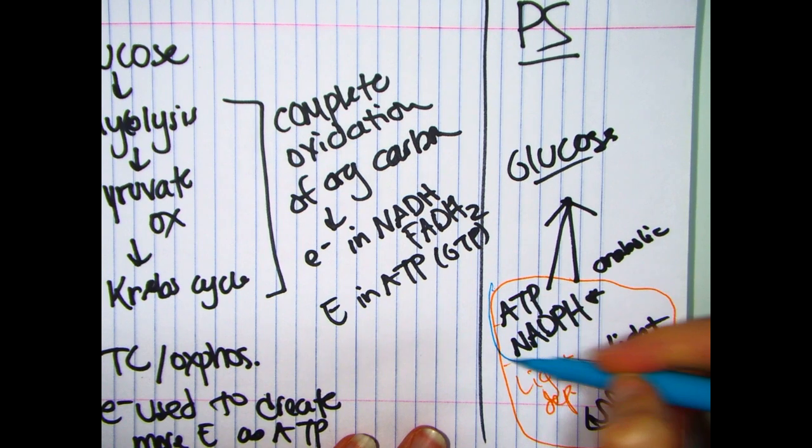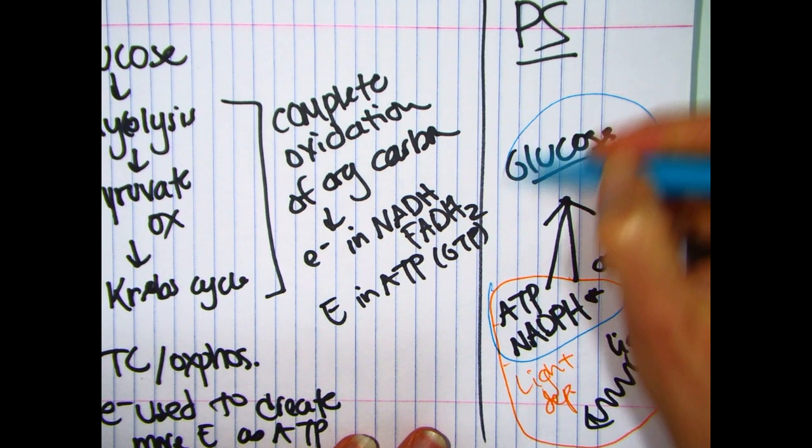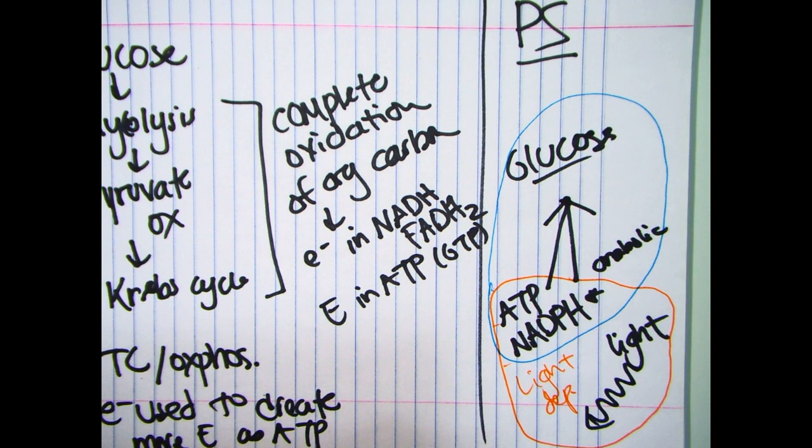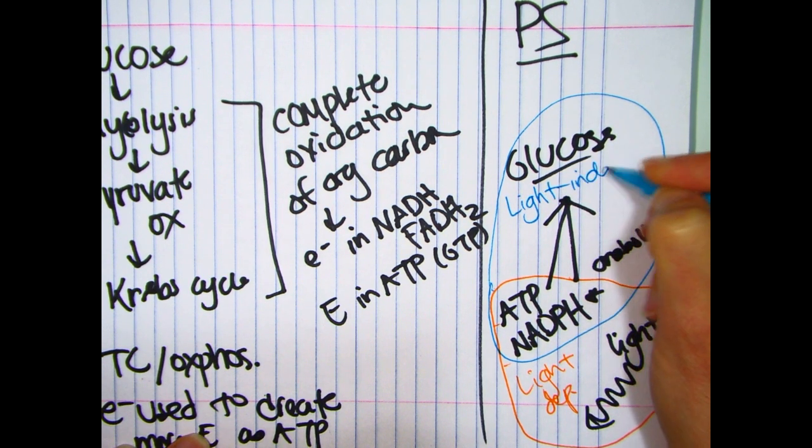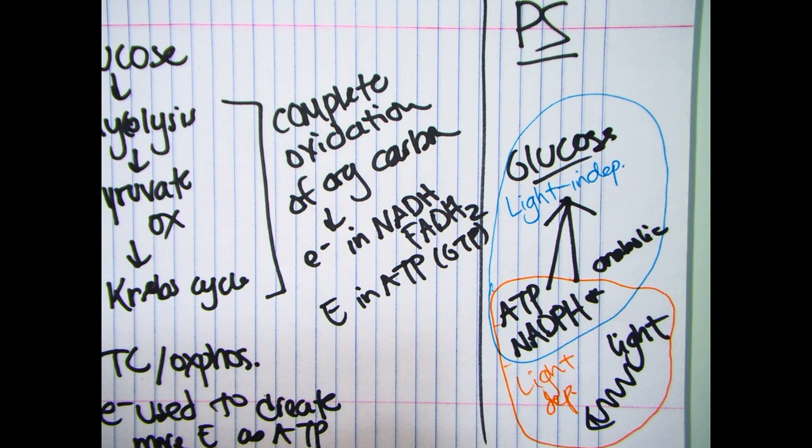This part, where we use the ATP and the NADPH to make glucose, does not require light because we've already made the ATP and the NADPH. So this bit is called the light independent process. And so we are going to learn about both of these.